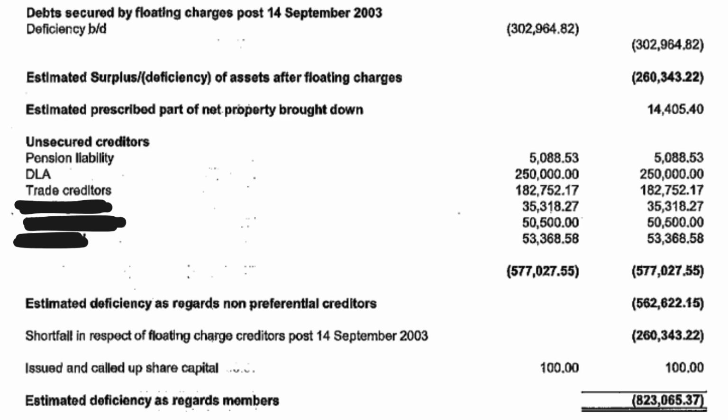Trade creditors are quite high, and then some other creditors which had identifying names, so I just took those out for these purposes. And so actually you can see here that this particular company's overall deficiency is £823,000.